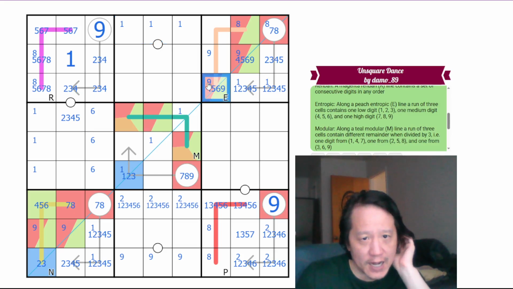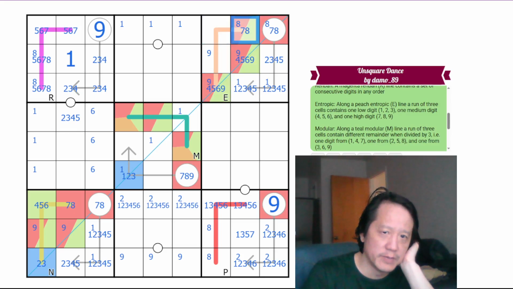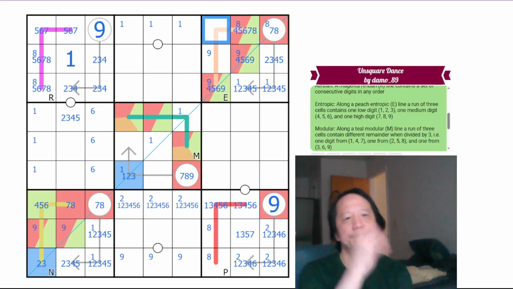So if this is high, this would be 9, and this would have to be 7 or 8. If this is medium, obviously 4, 5, 6.